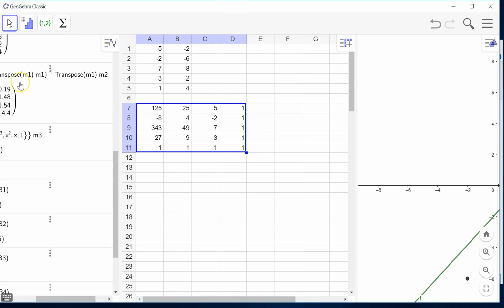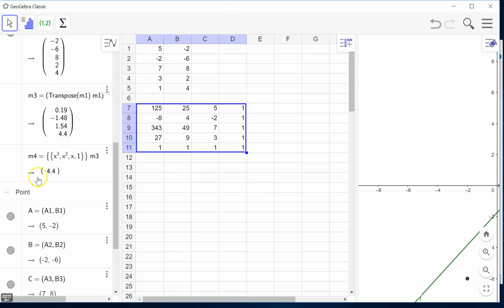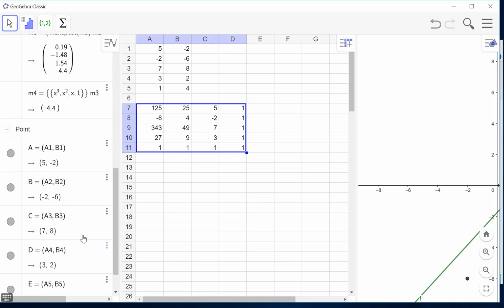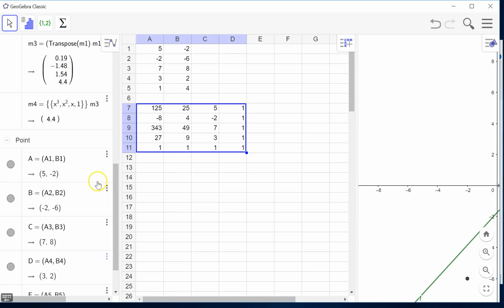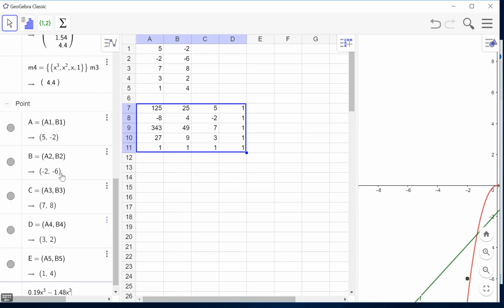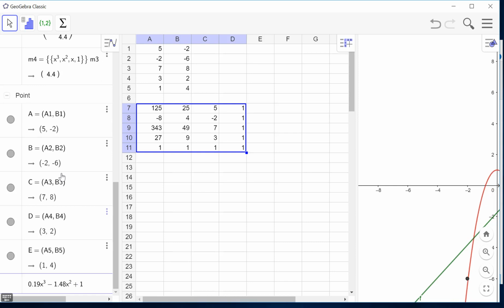It should be doing a product of those two matrices, but it's not doing it the way that I want. Anyway, I'll just type it in then. So it was 0.19x cubed minus 1.48x squared plus 1.54x plus 4.4.